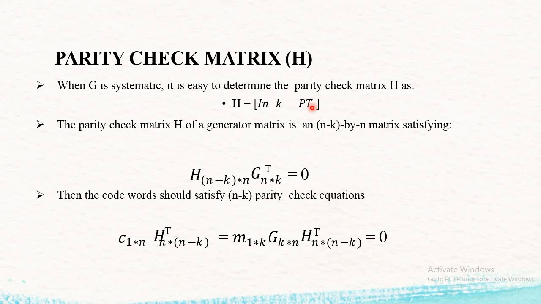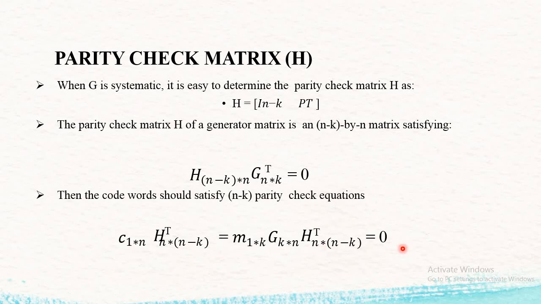The parity check matrix H of a generator matrix is of size n minus k by n, satisfying the condition that H, the parity check matrix, multiplied by the generator matrix transpose is always equal to 0. Then the code word should satisfy the parity check equation.